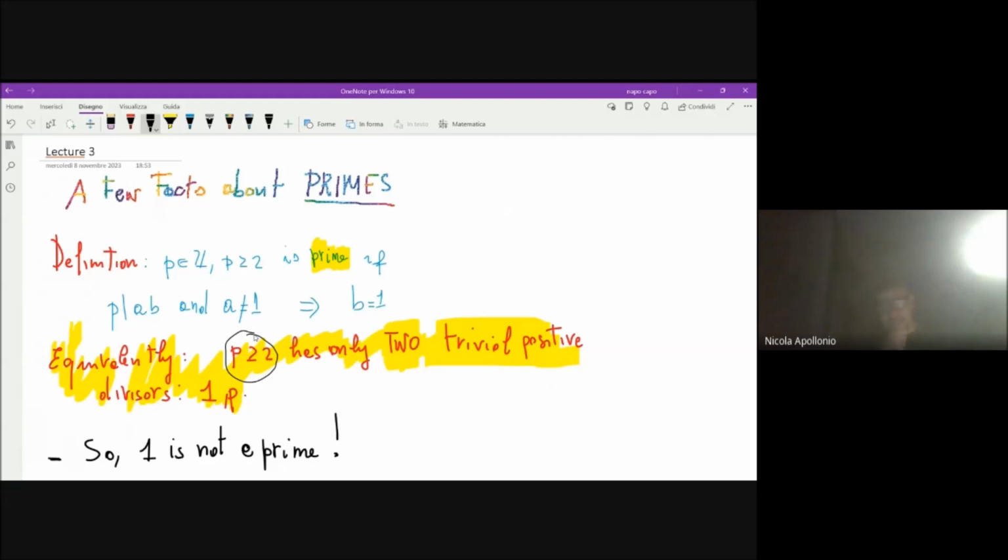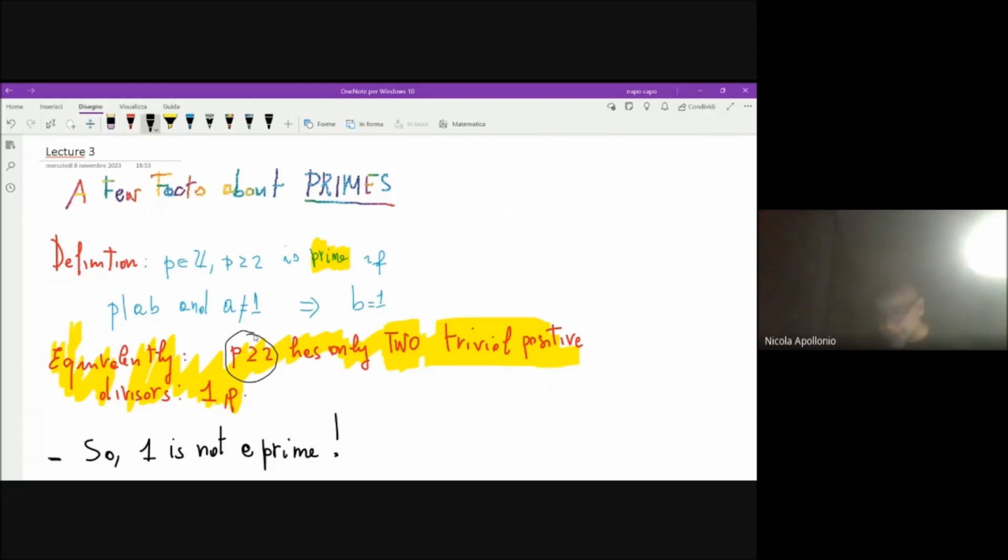So modern mathematics excludes 1 from the set of primes. But this is just a matter of definition. It has nothing to do with nature, God, or magic, or the constellations. Nothing to do.